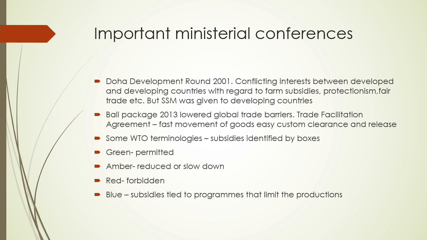In USA also they give farm subsidies, but their farms are large, they are corporate farmers. So there are a lot of differences there, and the conflict arose. And protectionism, fair trade, but SSM is nothing but special safeguard mechanism. Special safeguard mechanism was given to developing countries so that developing countries can protect the domestic farmers.